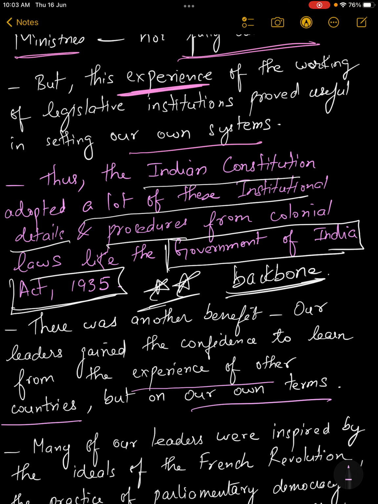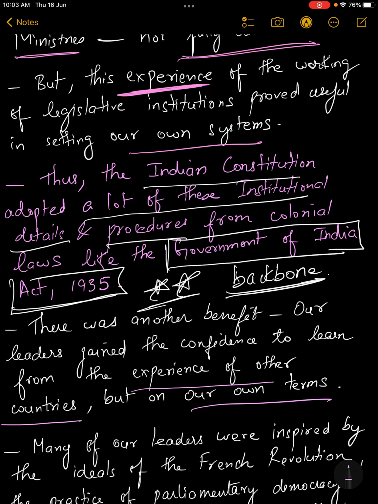It has borrowed, say for example, the ideas of liberty, equality and fraternity from France. ठीक है? It has borrowed, say for example, directive principles of state policy, which is slightly advanced political science. It has borrowed it from Ireland.